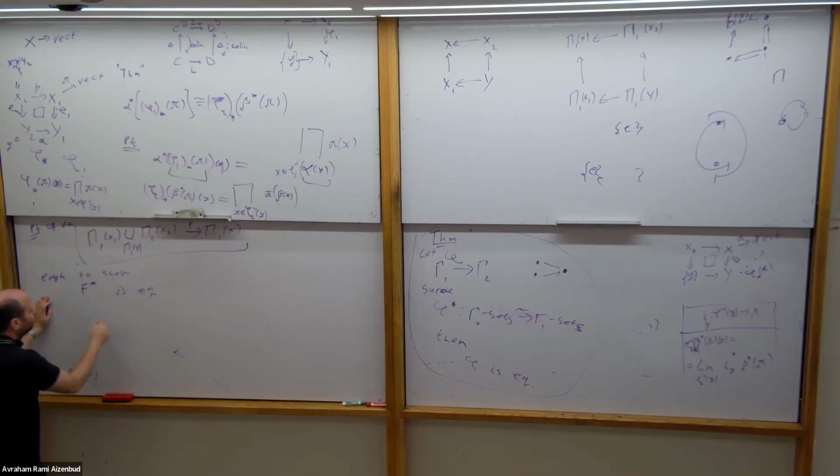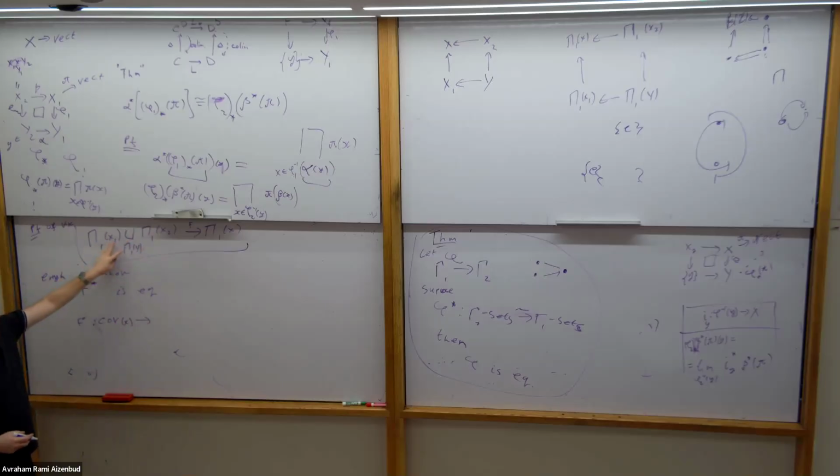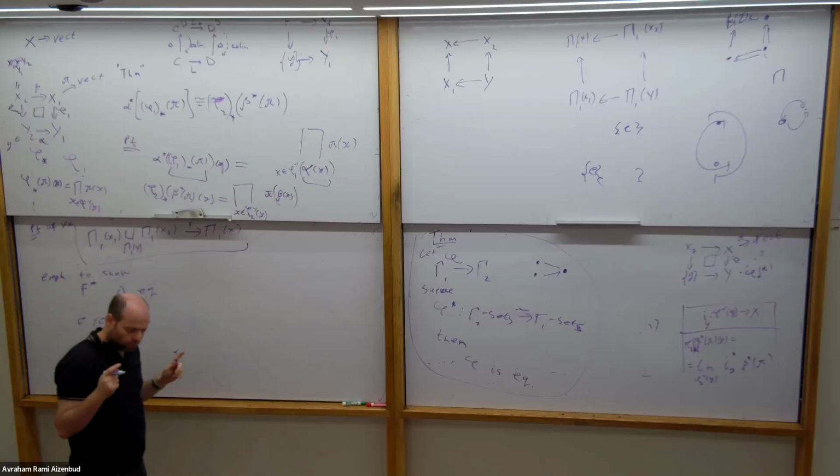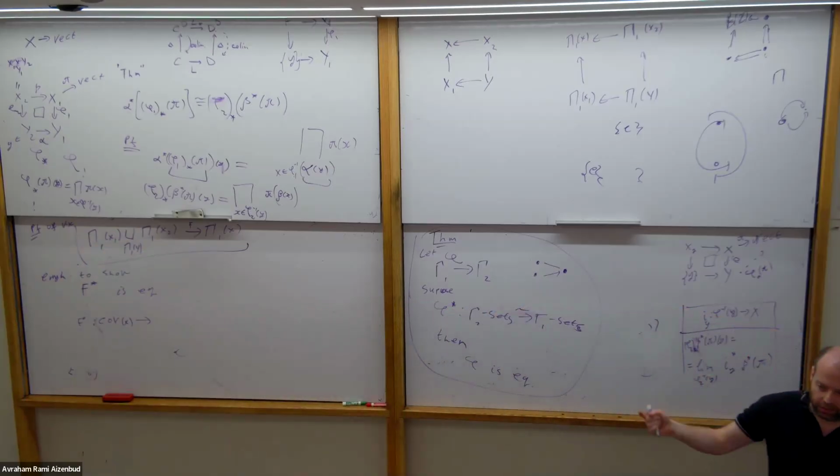F star is the functor for coverings of X to this groupoid of sets. So what are functors between a pushout and another category?